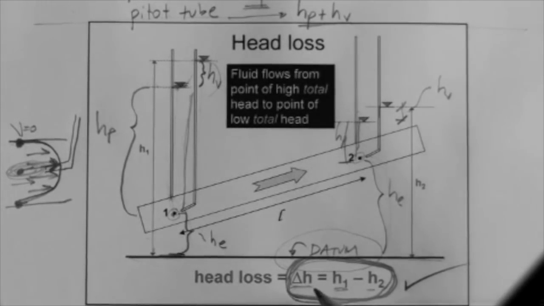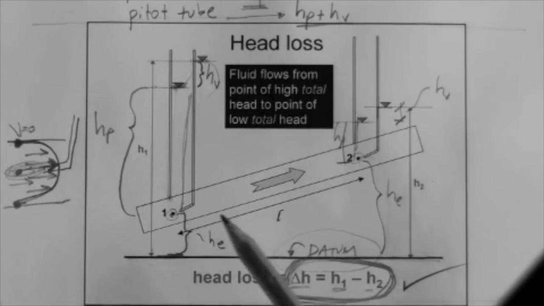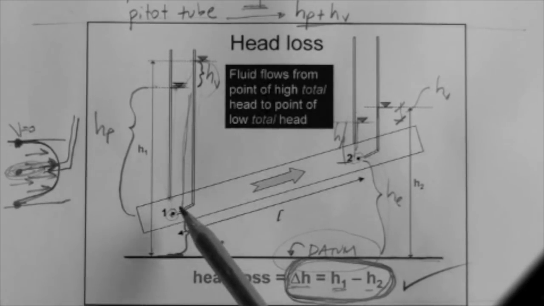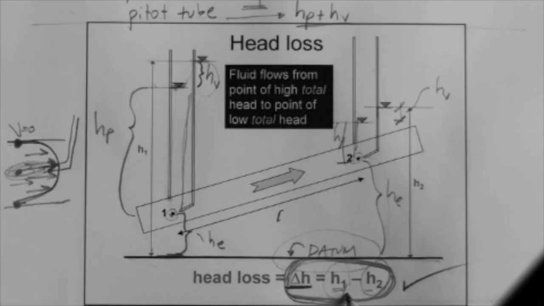Now, why is it that delta H drives the flow? Well, we know that flow occurs from one point to another point if there is a difference in energy, total energy, between those 2 points. That difference is captured by the difference in total head, because total head at a point is proportional to total energy at that point.